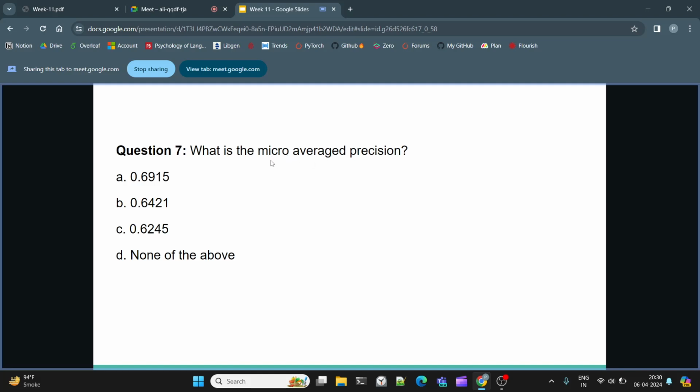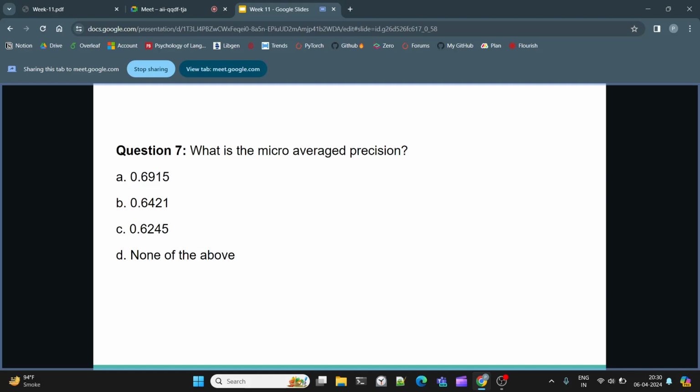Remember, here it's mentioned macro average. So you have to do it according to what is mentioned. Accordingly, macro average is much better if your data is imbalanced. It gives equal importance to all the classes. So that is why in case of class imbalance, macro is better.